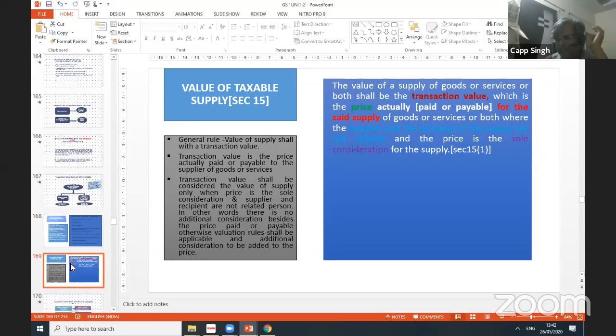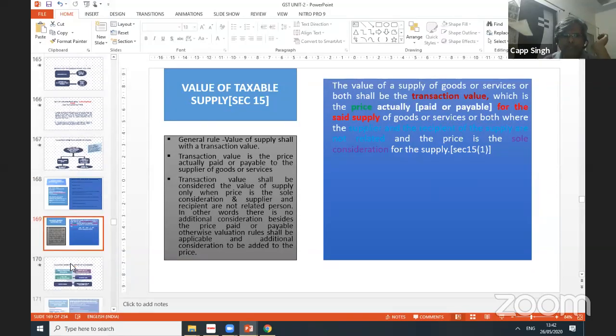Suppose I have sold a mobile to a customer for 15,000, I have received 10,000 and not received 5,000, then we have to discharge the tax liability not only on 10,000 but on 15,000, because the transaction price is the price which is actually paid or payable. That point we must note.